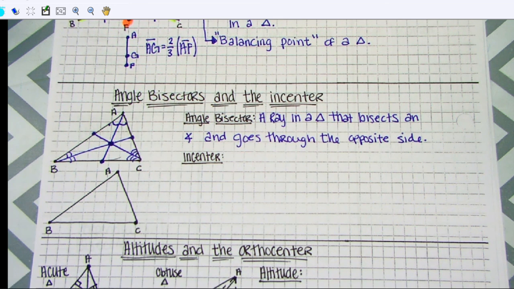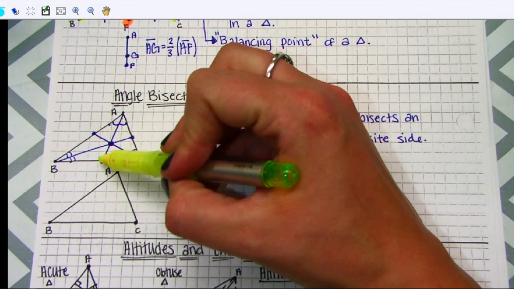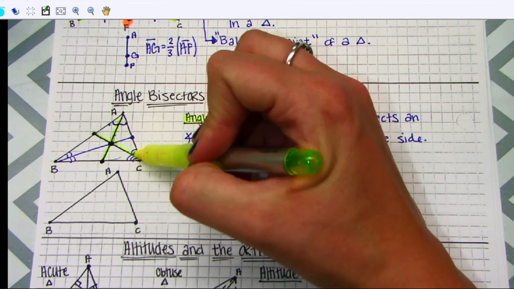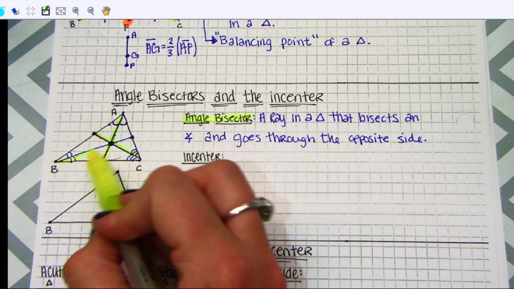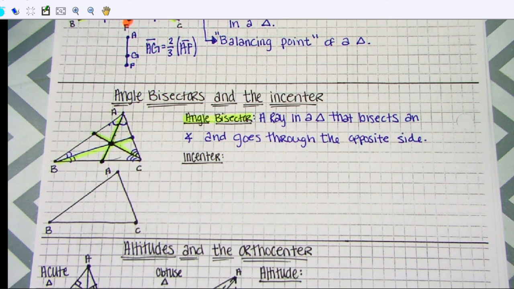So in our picture, our angle bisector is represented by all of these lines. The key for an angle bisector is that it cuts the angle in half. That's what it does. So an angle bisector starts at the angle, cuts the angle in half, and all of those lines cross at a point.